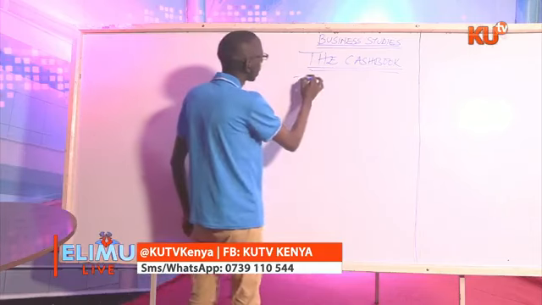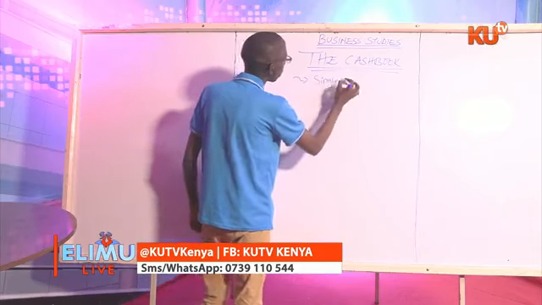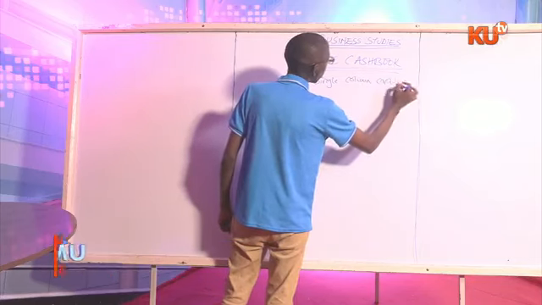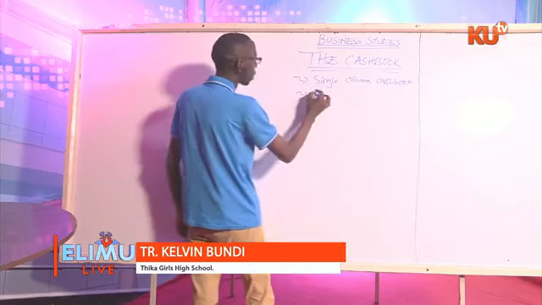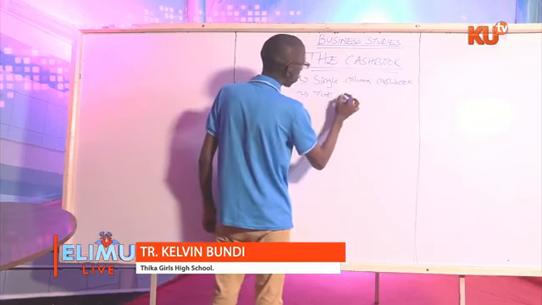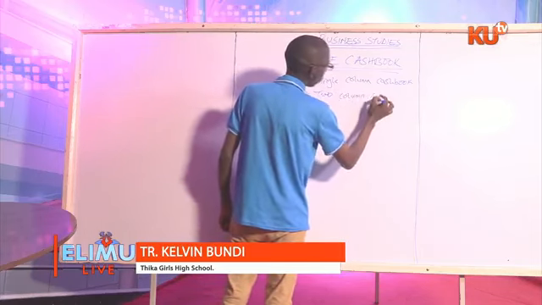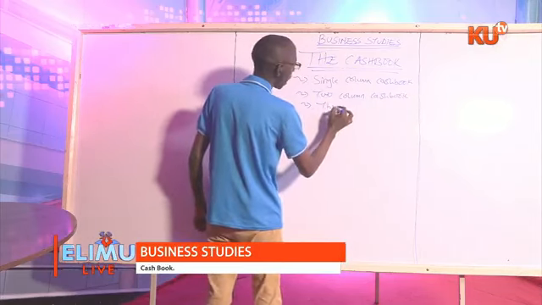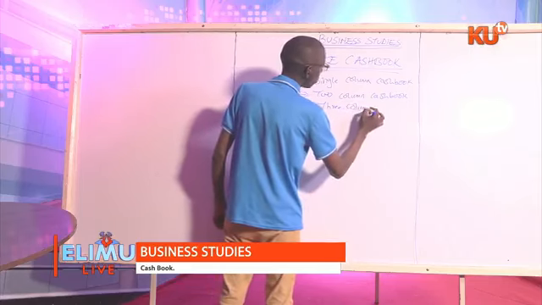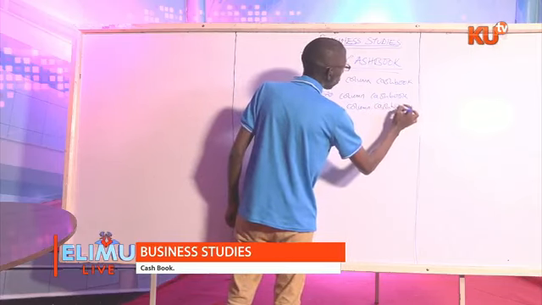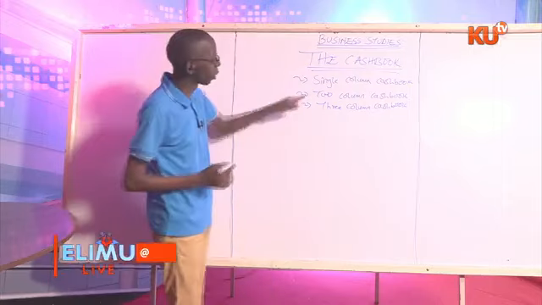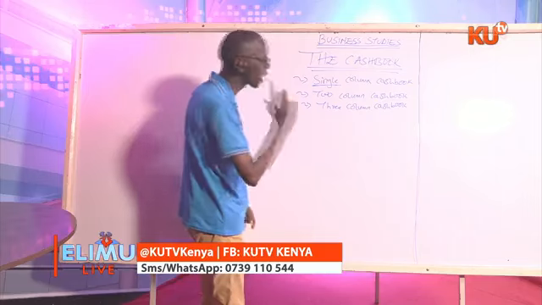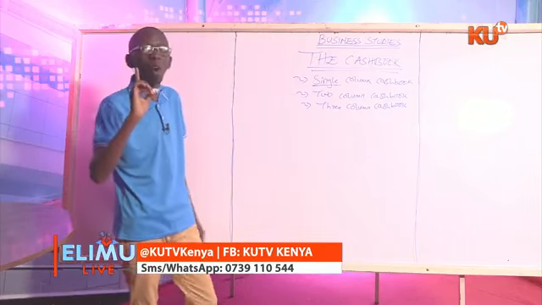That is one, the single column Cashbook, we have the two column Cashbook, and we have the three column Cashbook. We call this a single column Cashbook because it has only one column of the amount.